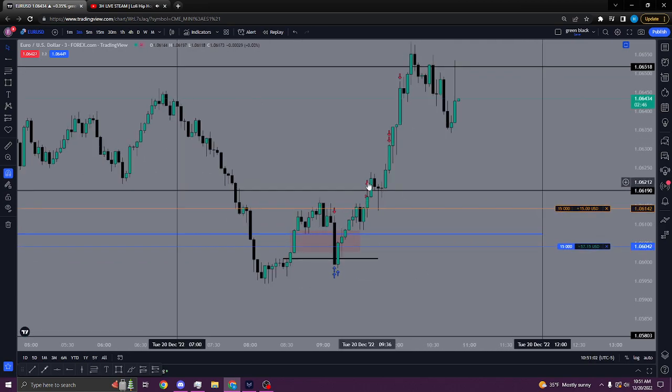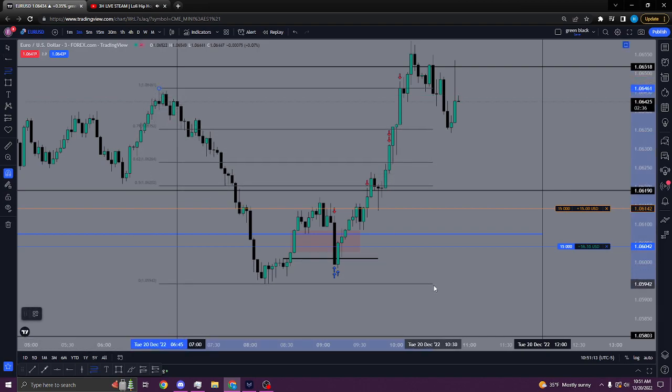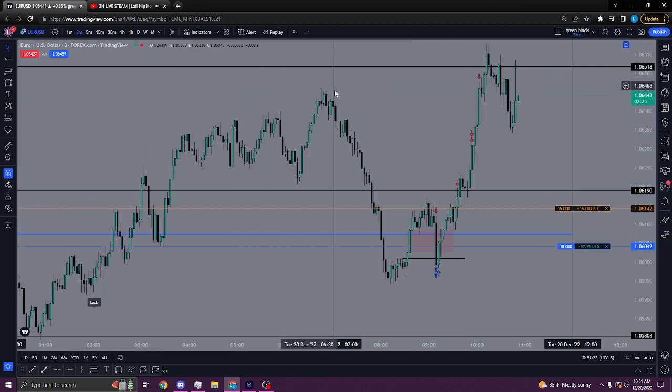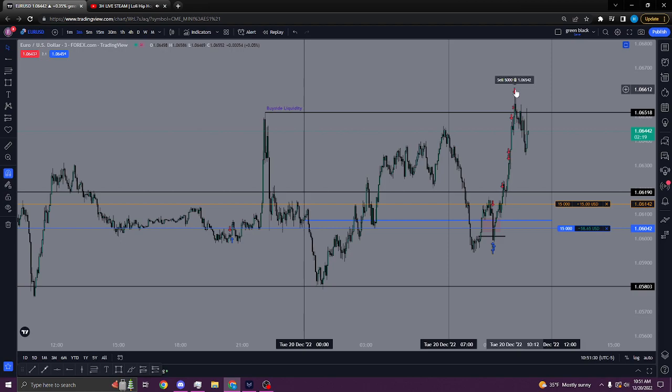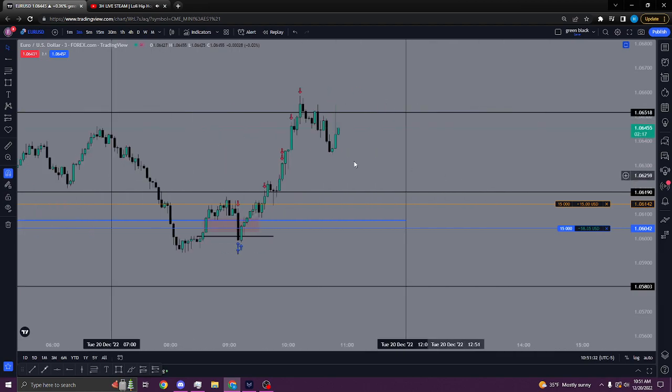So then we offset the position above this high, and then from this high to this low, you want to be offsetting above that 50%, as I always say. Above that 50%. Offset, offset. Above this high. And then above this high.